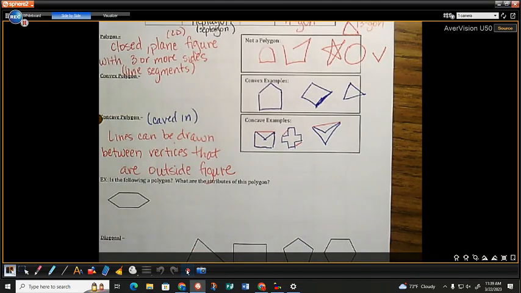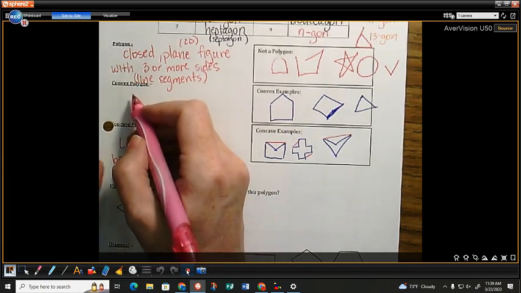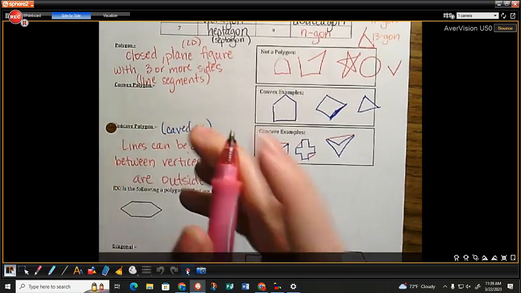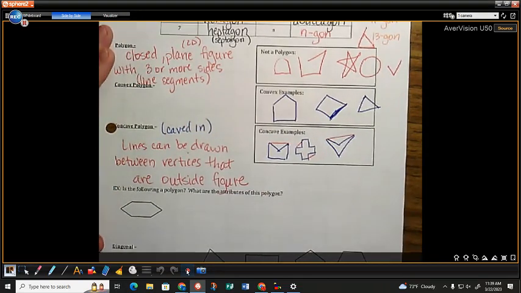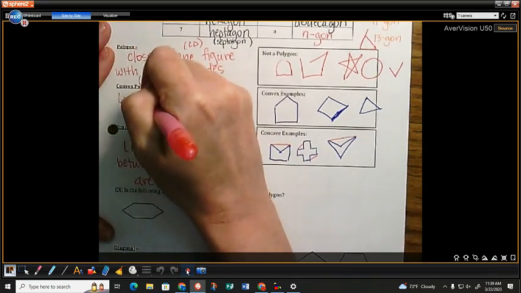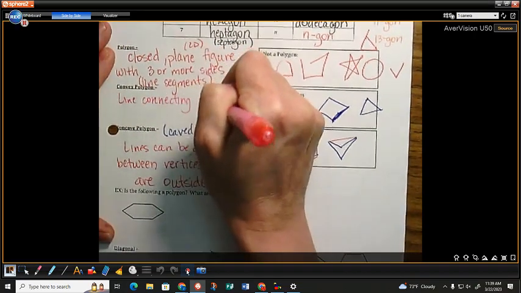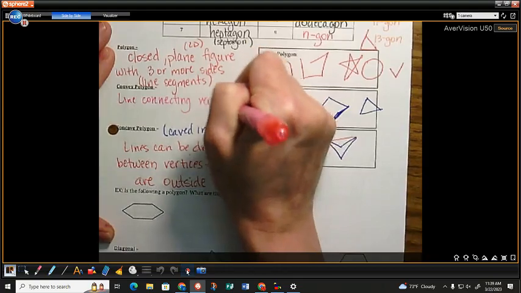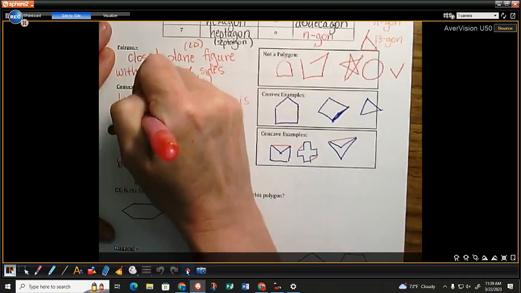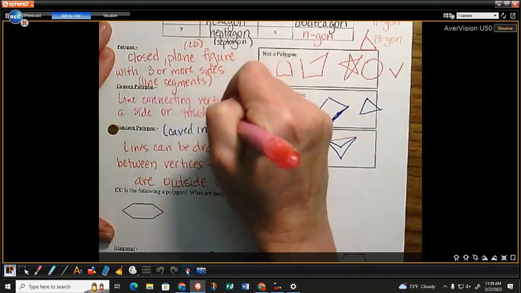For a convex polygon, any line segment between vertices is either a side of the shape or inside the shape. So a line connecting vertices is a side or inside the figure.